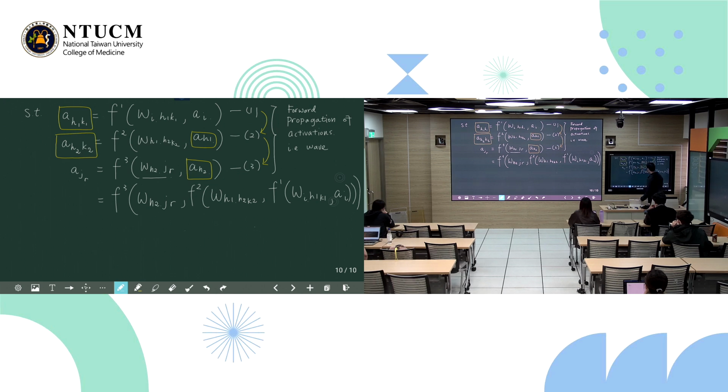The goal has always been that for any input, you do something to it and then you get some output. That is, you get AJR equals F3, F2, F1, let's call it one big function.